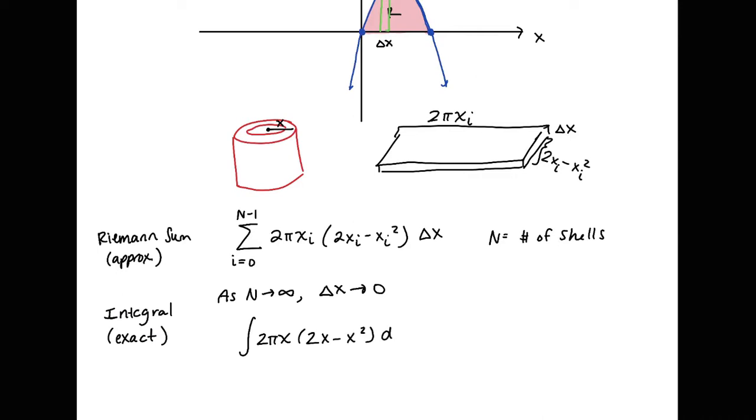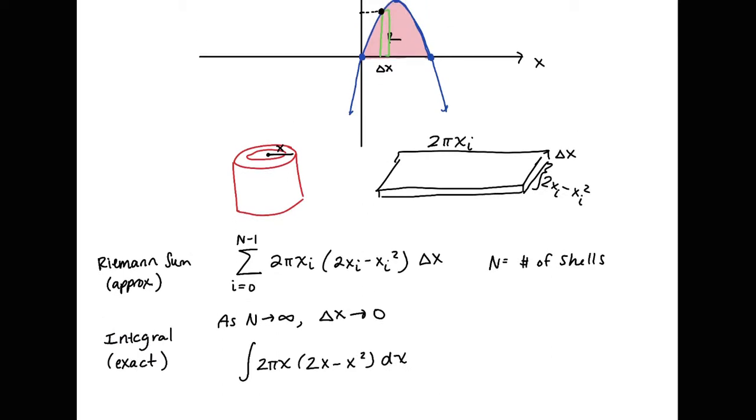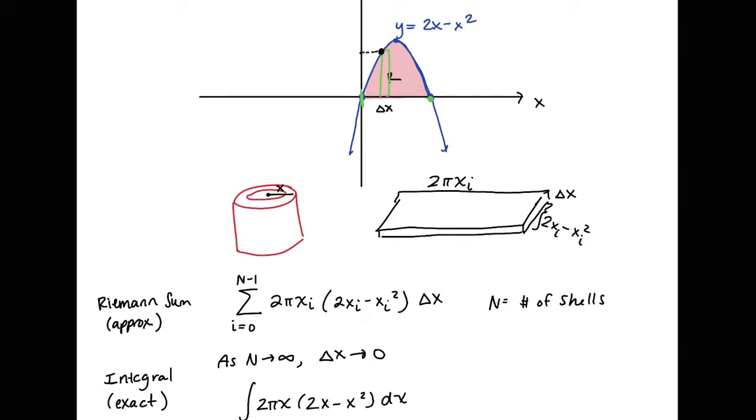The delta x goes to 0. We are integrating with respect to x, and the last step is to write the limits for where you would cut the rectangles. It looks like the rectangle slicing would start here at 0, and it would end at the next x-intercept for this parabola, which looks like it would be happening at 2.